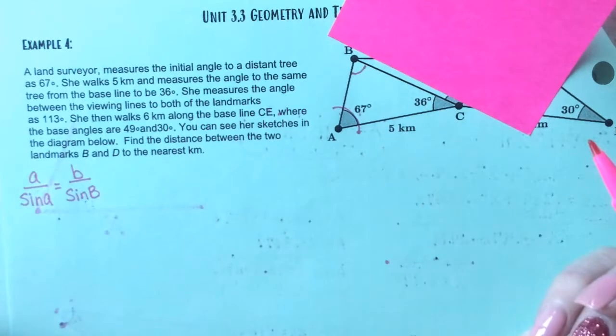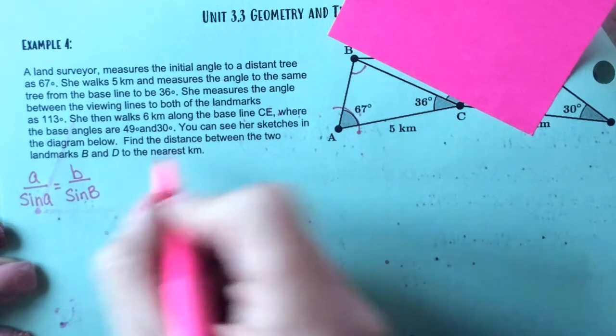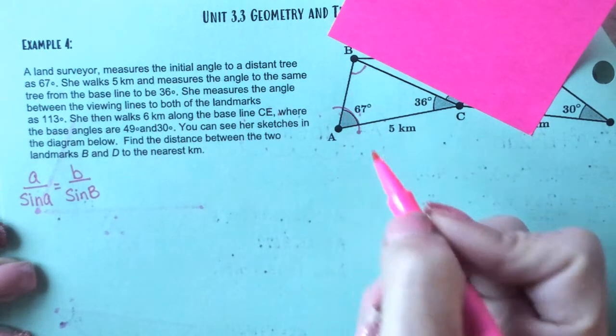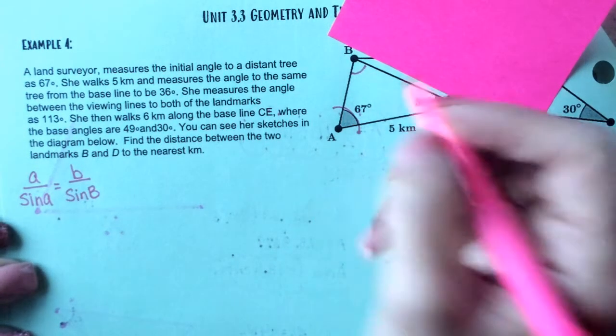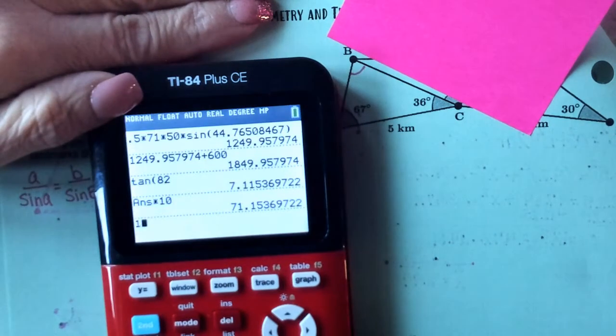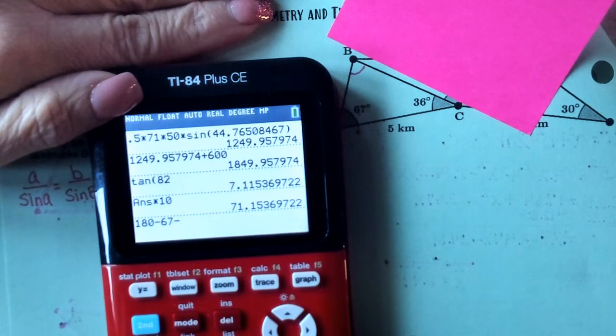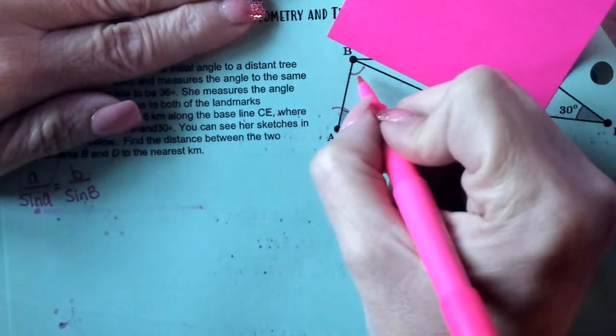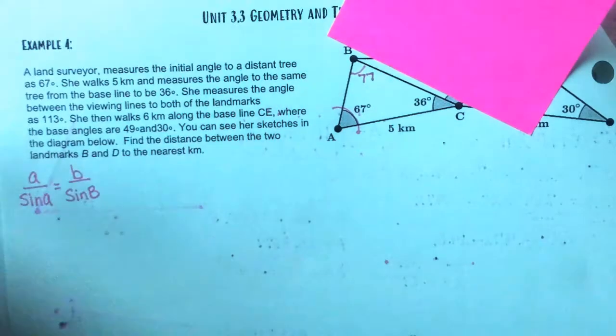I know that angle right there, don't I? Because I can take 67 plus 36, subtract it from 180. I'll just do my calculator real quick. 180 minus 67 minus 36, 77. So that means this angle right here is 77.